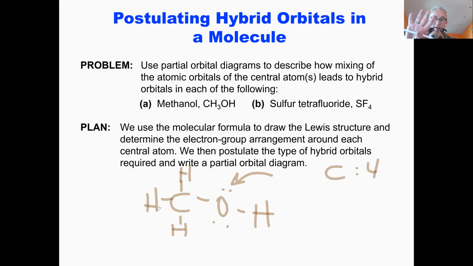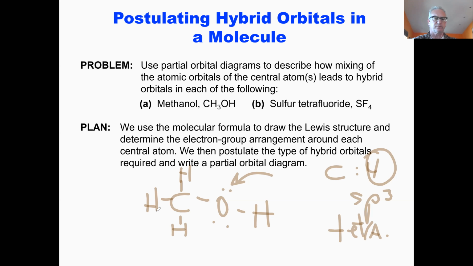Remember, you need 4 regions of electron density. Tetrahedral, sp3. Excellent. You gave me the shape, and since it's got 4 regions, that's s and p3 for your 4 different places where you have to put electrons. And that means tetrahedral.